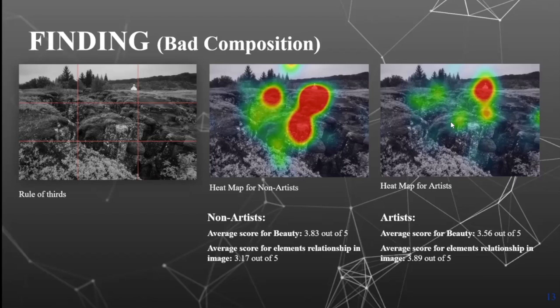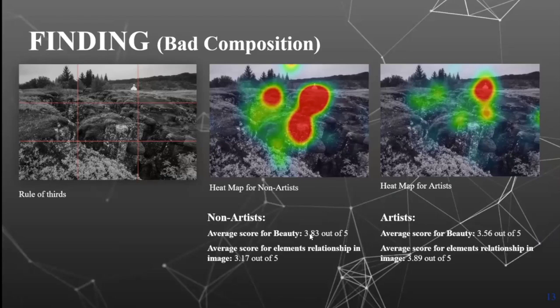So it shows that an artistic background again has an effect on eye behavior, because they were looking only at the right spots, not everywhere, compared to non-artistic people. Non-artistic people almost scan the whole image, but artistic people only look at the focal points.